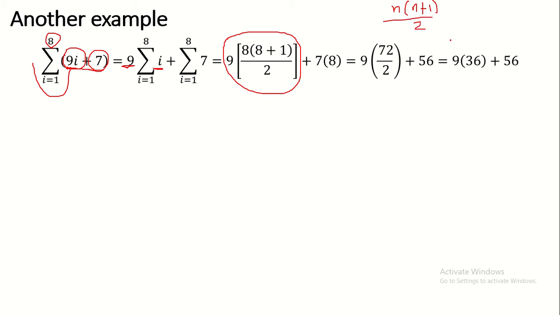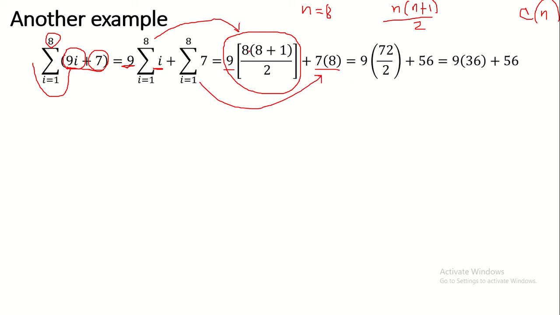And then dito sa constant, it's just c times n. Okay, so ang n natin ay 8. So we have 9 times 8 times the quantity 8 plus 1 divided by 2 plus 7 times 8. So ito yan. And then ito naman ay yung 7 times 8.